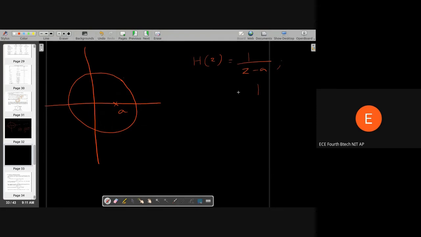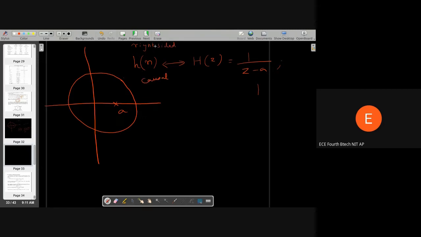If a is less than 1, you should remember that we have the impulse response in the time domain and the transfer function in the Z transform domain. If it is right-sided, or causal, it is also called causal.